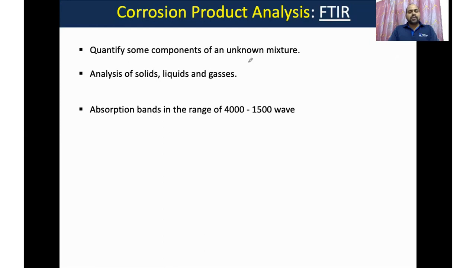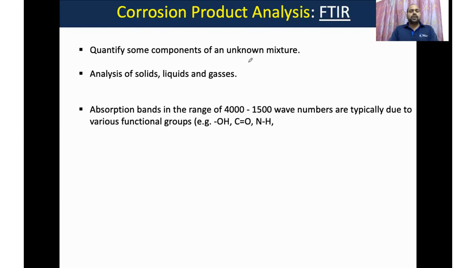Absorption bands in the range of 4000 to 1500 wave number are typically due to the various functional groups. If you see the plot, on the x-axis we generally plot the wave number, and on the y-axis the intensity, whether it's in reflection, absorption, or transmission mode.